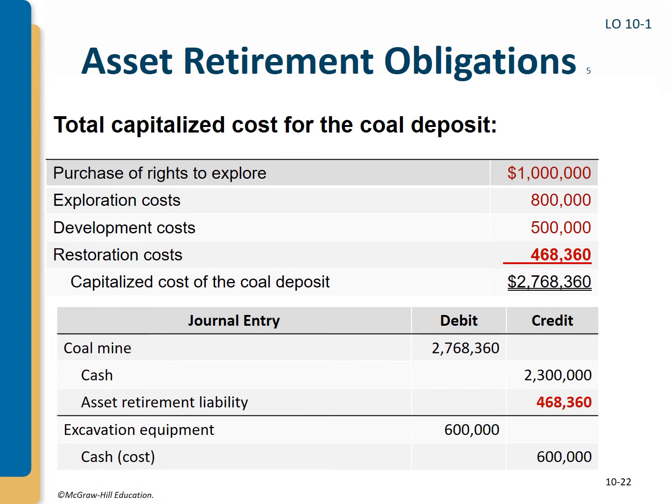The excavation equipment is property, plant, and equipment. Debit that, credit cash. So that's how we handle asset retirement obligations. It's a legal obligation to restore, so you have to do something with an asset when you're retiring it.